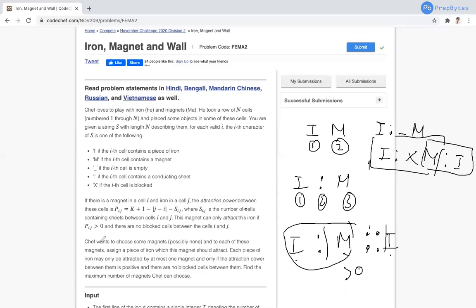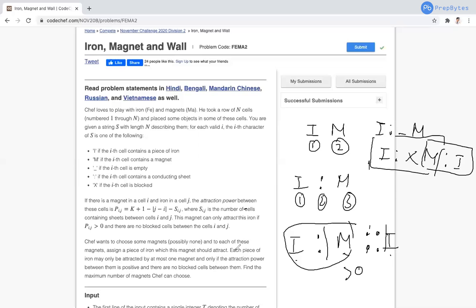Now, Chef wants to choose some magnets, possibly none, and to each of these magnets assign a piece of iron which this magnet should attract. Each piece of iron may only be attracted by at most one magnet, and only if the attraction between them is positive and there is no block between them.